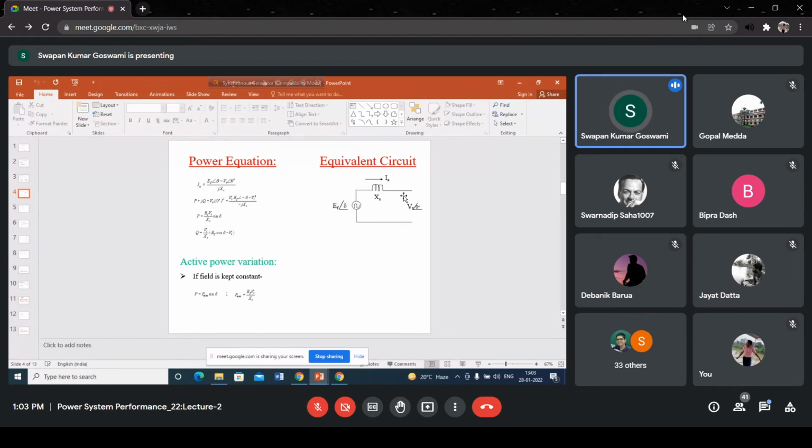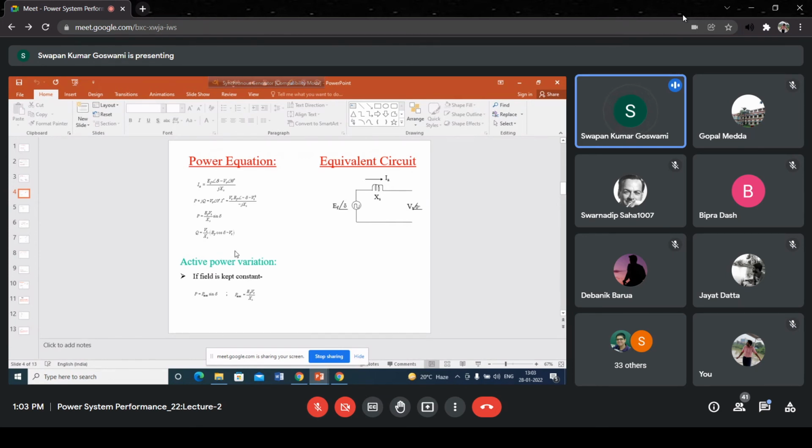Q positive means reactive power is being delivered by the machine. If sometimes we find that P and Q or any one of these becomes negative, then obviously that power will represent the power being consumed by the machine. If Q becomes negative, it will indicate that reactive power is being consumed by the machine.